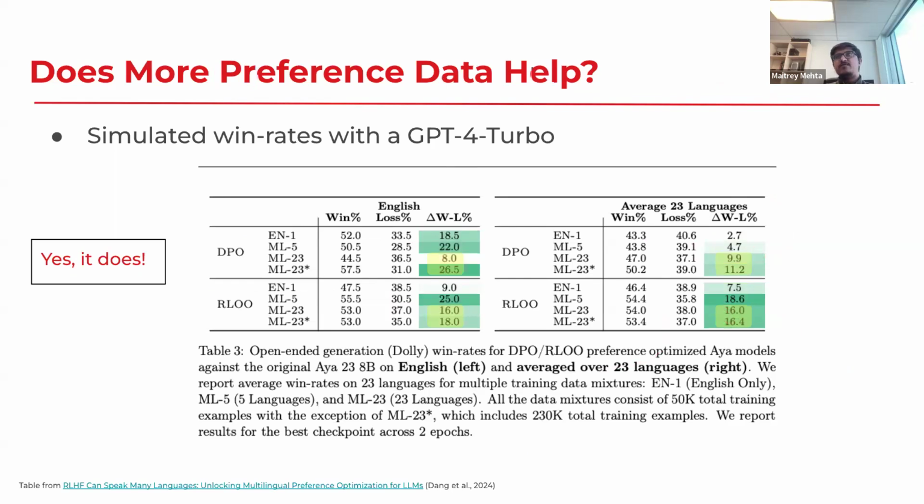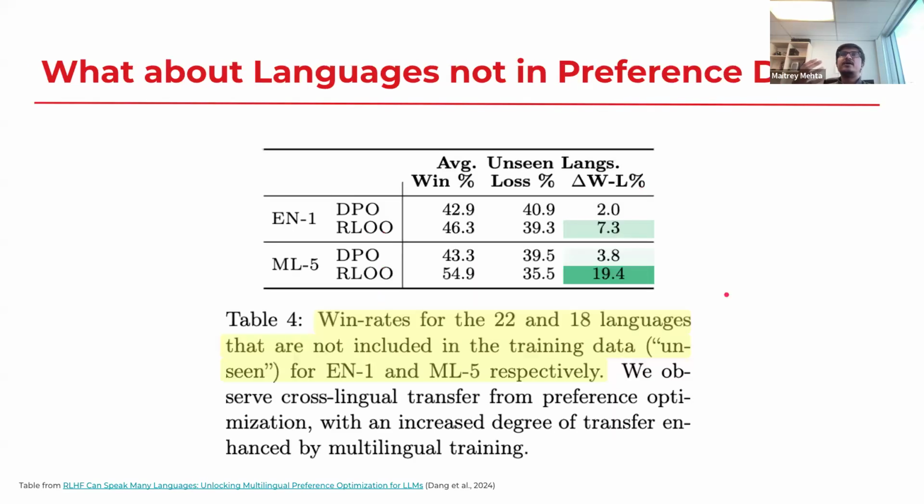And so far, we have been evaluating either on English or on the 23 languages that sometimes are seen in the preference tuning mixture. So they did this study where they evaluated the result on the unseen languages when you compare it to the preference mixture.